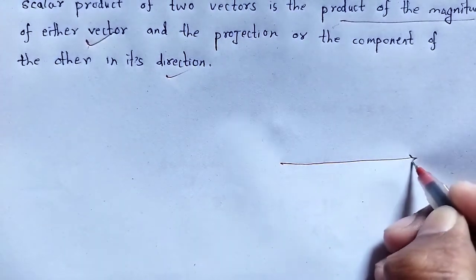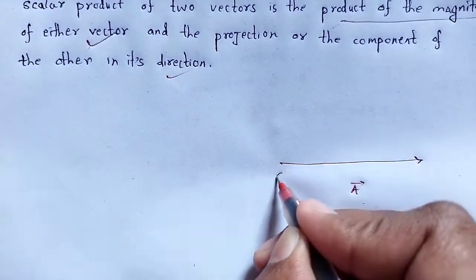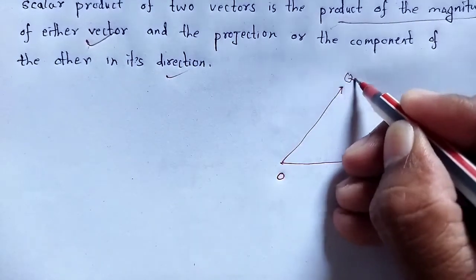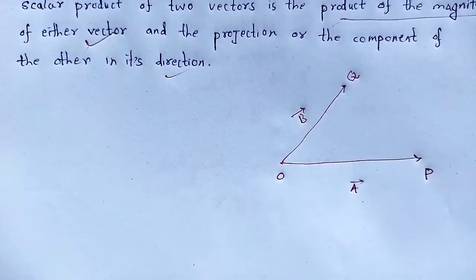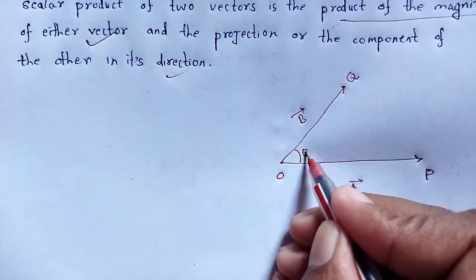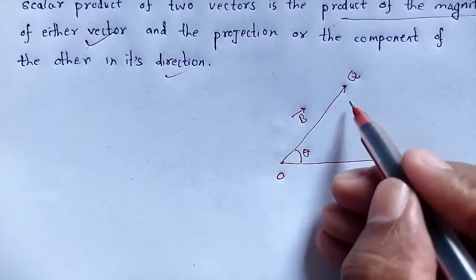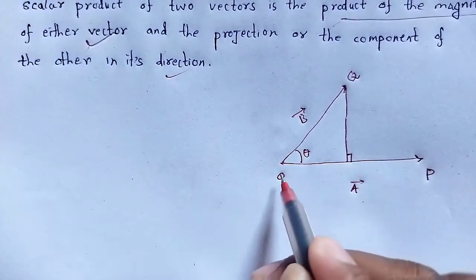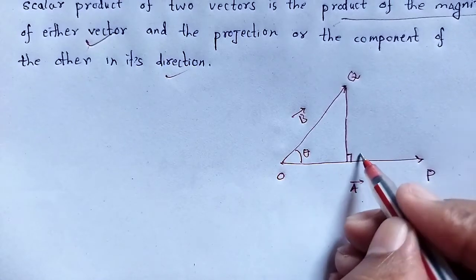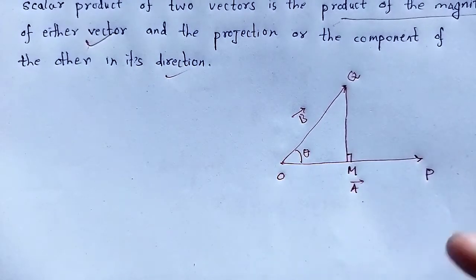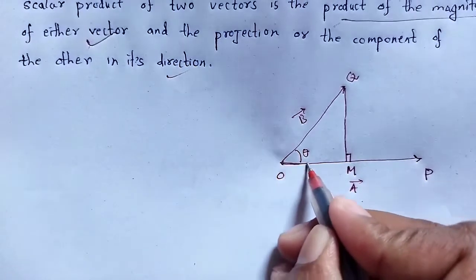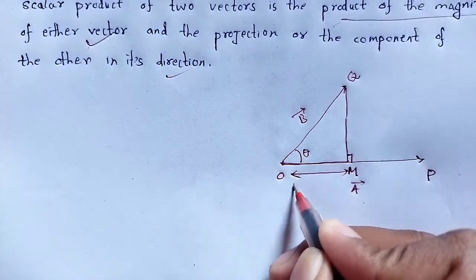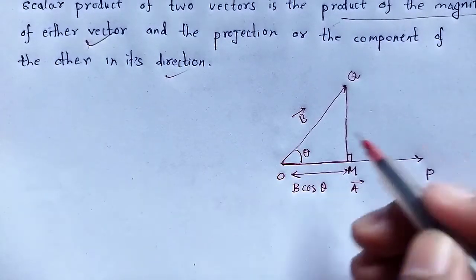This is vector A, and OP, we can say this one is vector B. The angle between these two, let it be theta. We can draw a perpendicular from Q to OP, and the foot of the perpendicular let it be M. The distance OM is B cos theta.